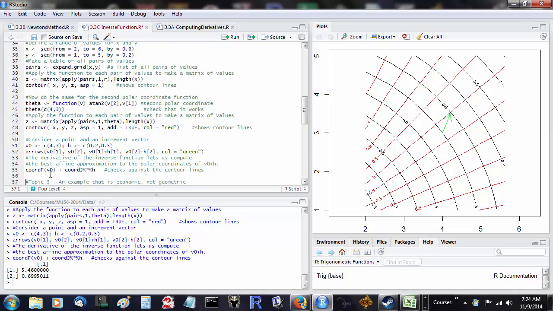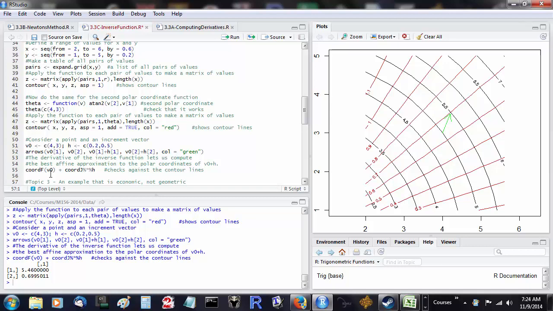And when I do that, I get 5.46 as my value of r. That looks just about perfect according to my diagram, and I get theta equals 0.6995. That's good too because the head of the arrow is just about on the line 0.7.